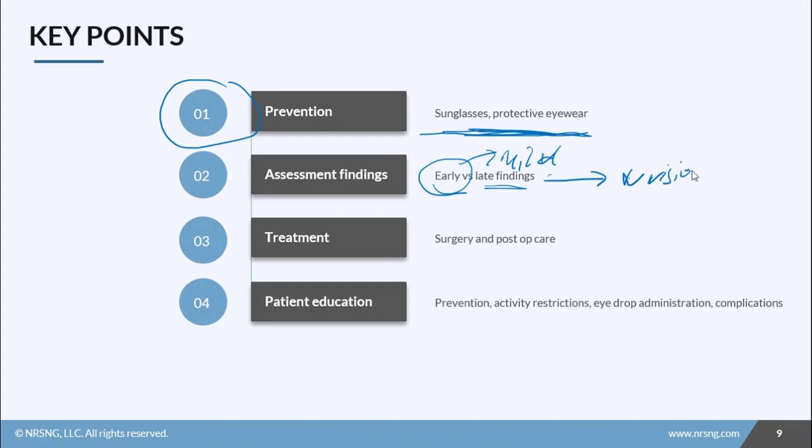And in both of these, it's really important to remember that it's the overall visual picture. It's not a specific area of their vision, the overall vision is going to be blurred. And then treatment-wise, phacoemulsification is the surgery that we see.